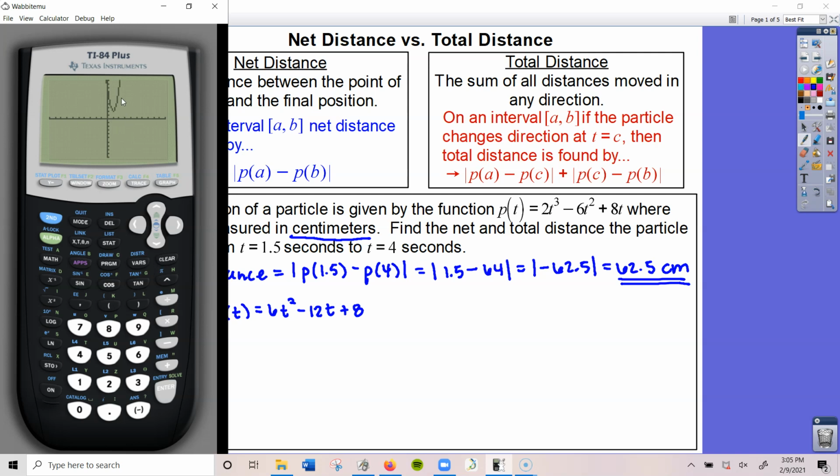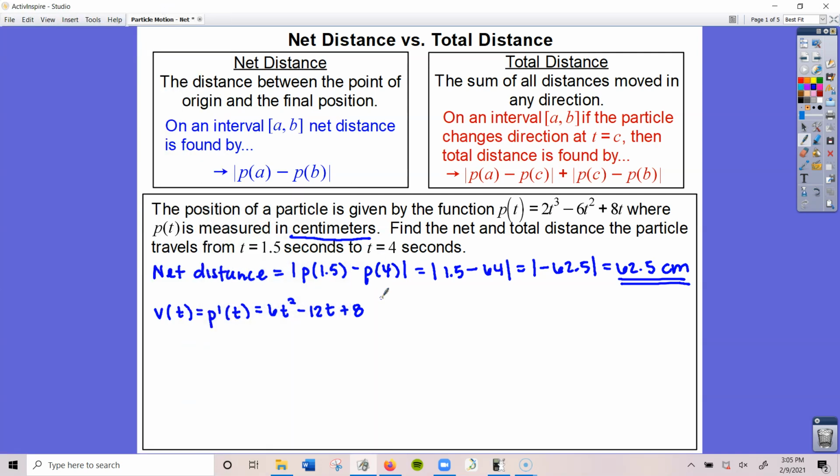Now you can see that the function is entirely over the x-axis, meaning that no matter what, the velocity is always positive. And if the velocity is always positive, then the particle is always moving to the right. So if the particle does not change direction, then my net distance is going to equal the total distance.